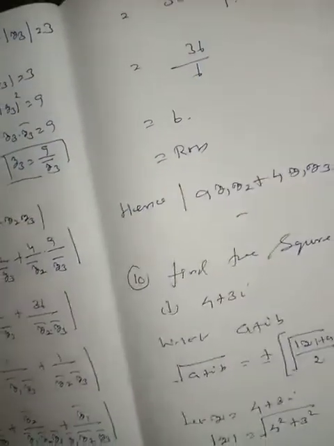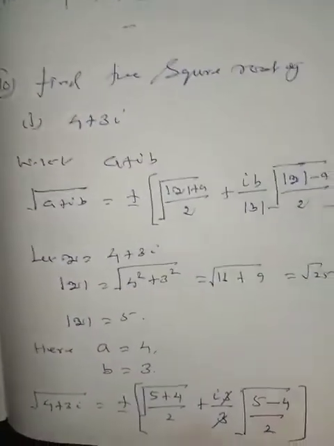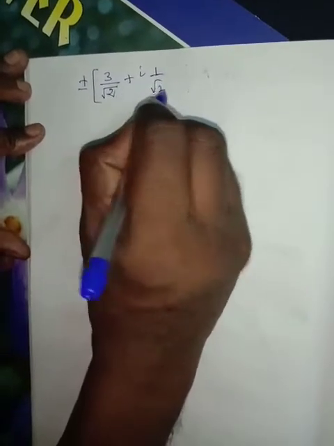So it is 3 by root 2, plus i into 1 by root 2. This is the square root of the complex number 4 plus 3i.